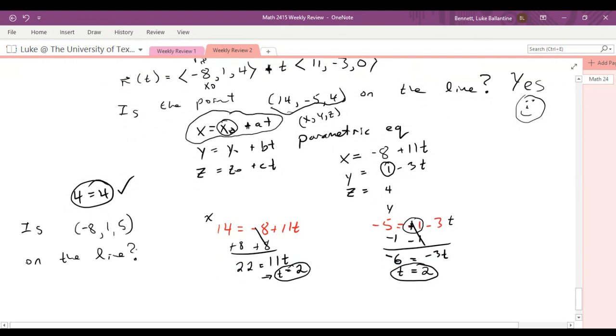No. Immediately, we can tell. Yeah, z equals 5. The z component should always equal 4 on this line because the slope vector is 0 in the z. But since this is equal to 5, we would have 4 equals 5. Not true. Thus, this point is not on the line.